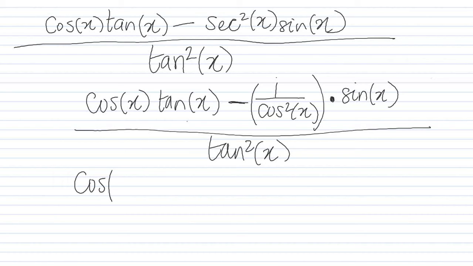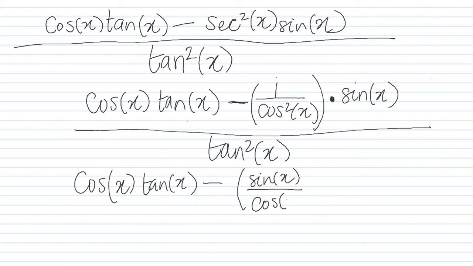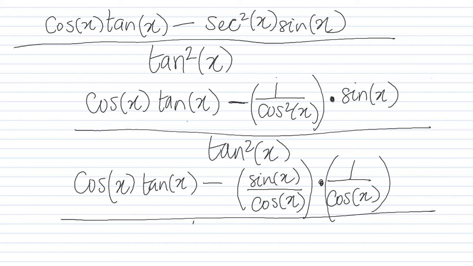One thing you need to know is we can have this sin x this way, sin x over cosine of x, multiplied by just 1 over cosine x, because we split this cosine squared x into 2 in order to make our work easier to simplify.